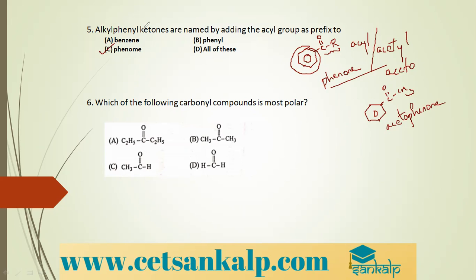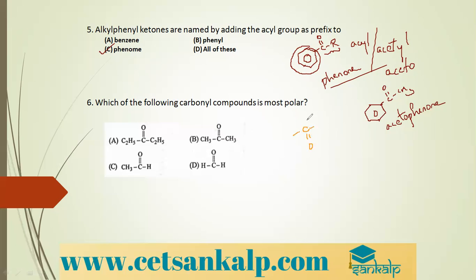Moving to the next question. 6th question. Which one of the following carbonyl compounds is most polar? So how do we decide the polarity? It is where there is lowest electron density on carbonyl carbon. There is carbonyl carbon and carbonyl oxygen.